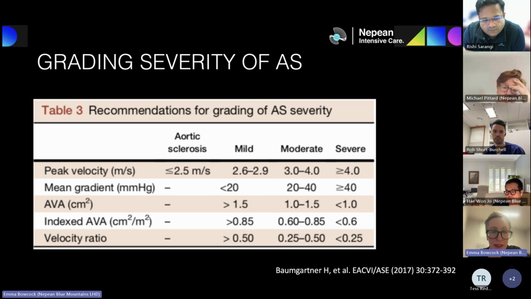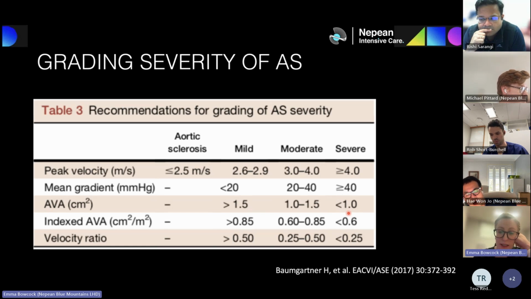Grading severity. So let's go through some of this then. This is really the table that you just need to have imprinted in your brain, especially this severe column here. So the things that we're going to be looking for: peak velocities more than 4 meters per second, mean gradients more than 40 millimeters of mercury, aortic valve area less than 1, indexed aortic valve area less than 0.6, but you would avoid using this in really obese patients.